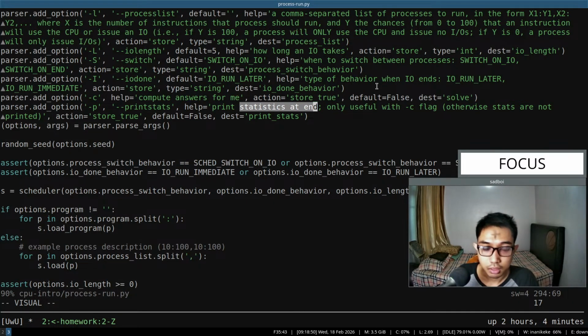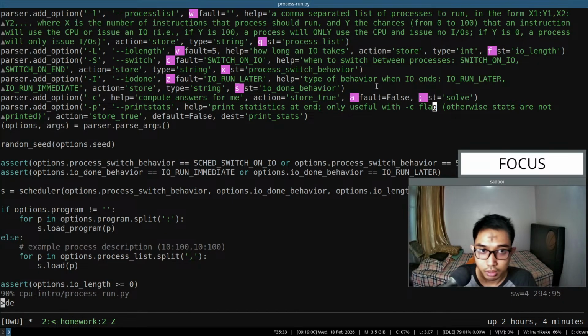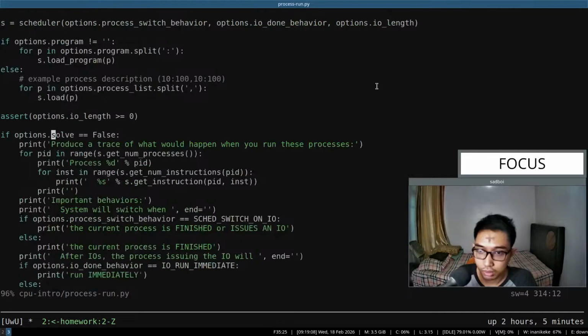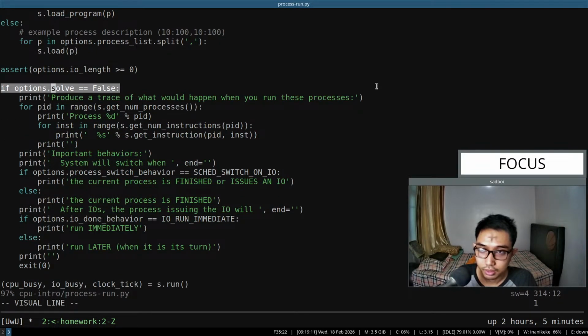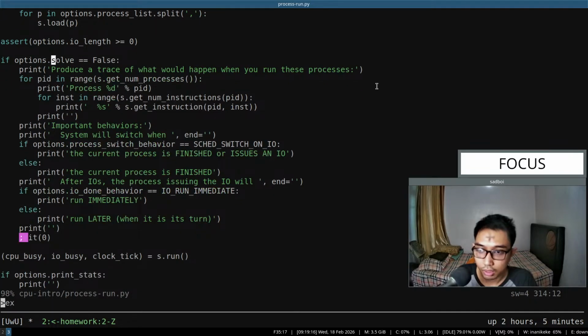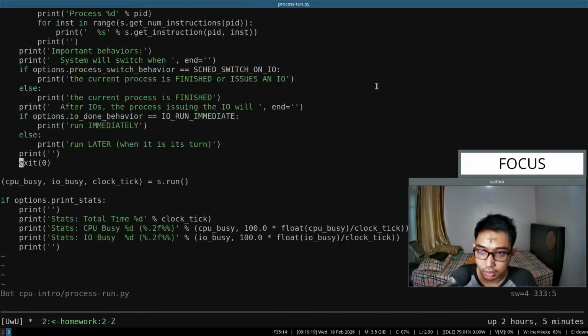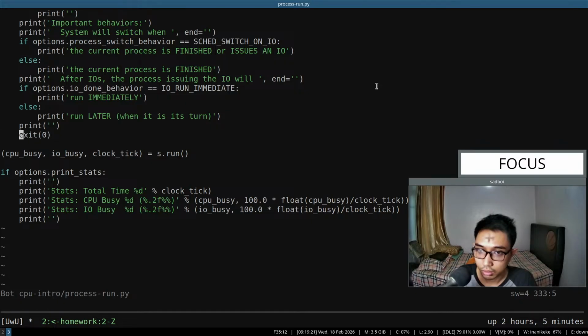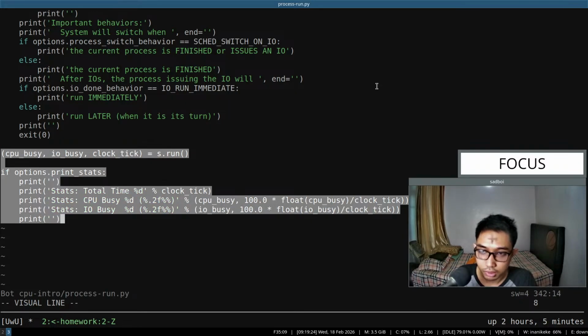Print statistic at N, only useful with C flag. Yeah, I mean, only useful because if it didn't provide the C flag, right, the default is false. And the destination is solved, which is this one. So if we didn't provide the C flag, we will exit in this line, the exit 0, and we'll skip this instruction.